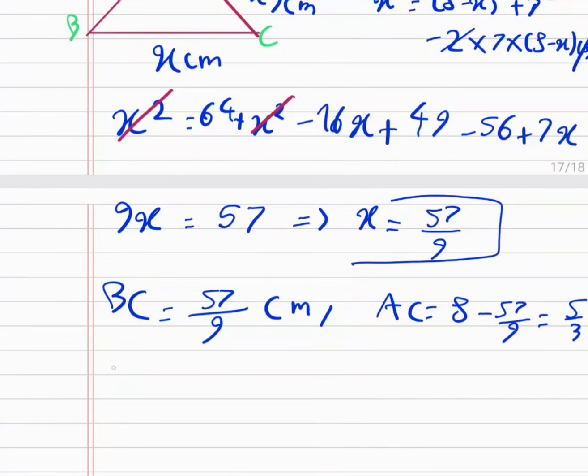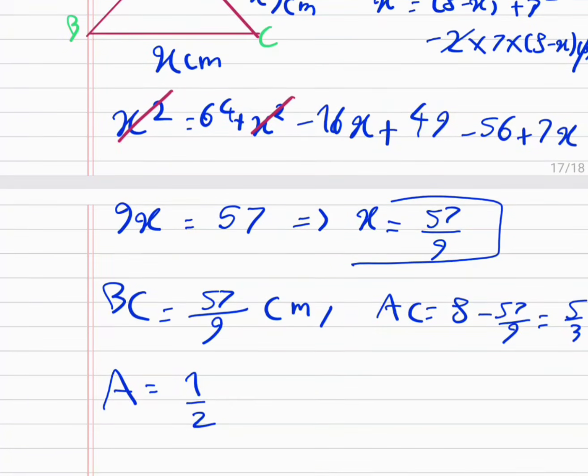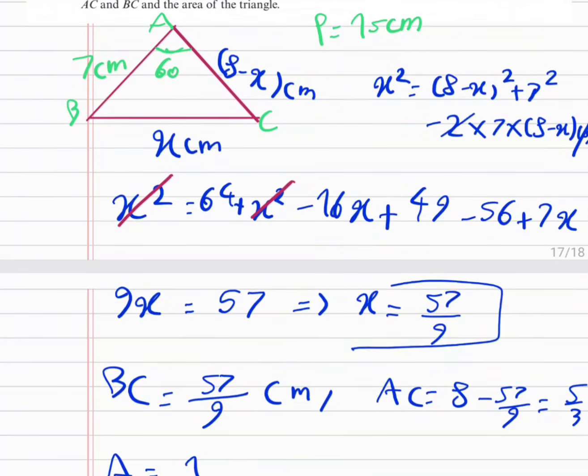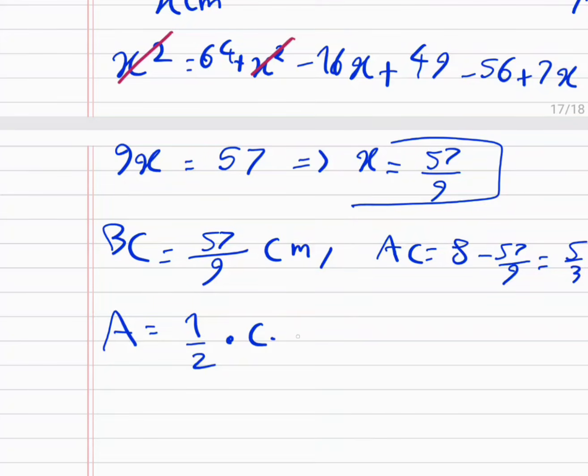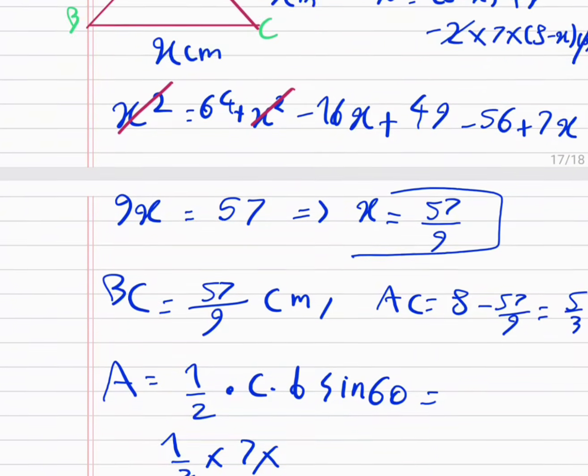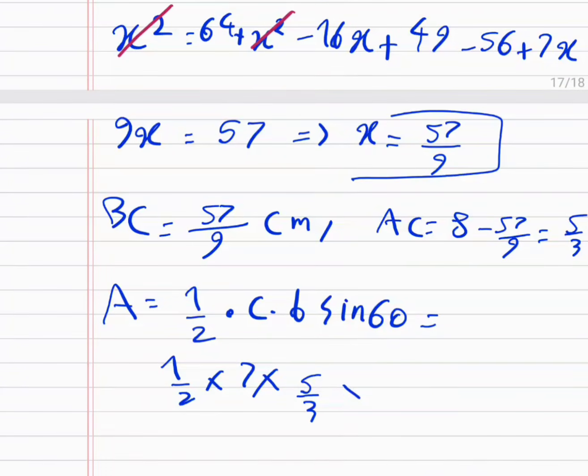And finally, for the area, we use the formula half times C times B times sine 60. So half times 7 times 5 over 3 times sine 60, and the answer is equal to 5.05 centimeters squared to 3 significant figures.